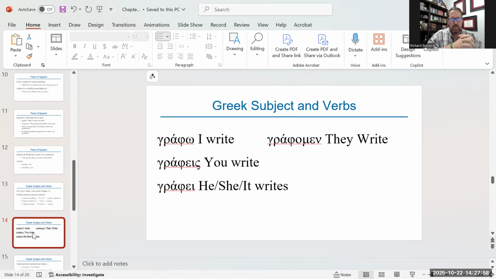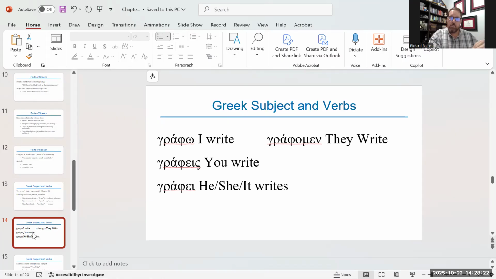Graphes ends with epsilon, iota, sigma, and means "you write," second person singular. Whereas graphei is third person singular, "he, she, or it writes." Graphomen would be first person plural, "we write." There's also a second person plural and a third person plural, which is "they write."